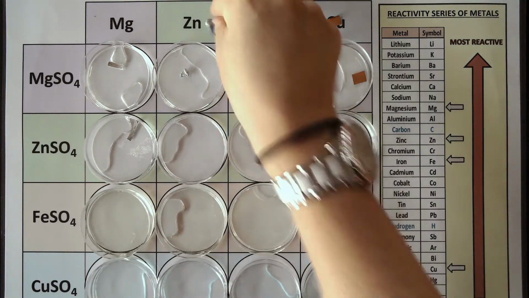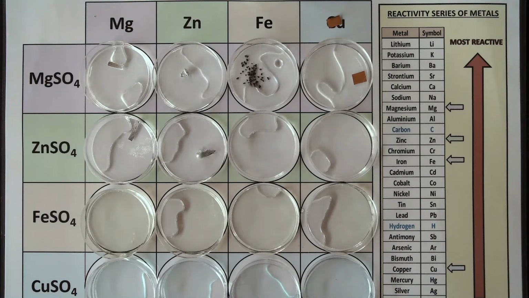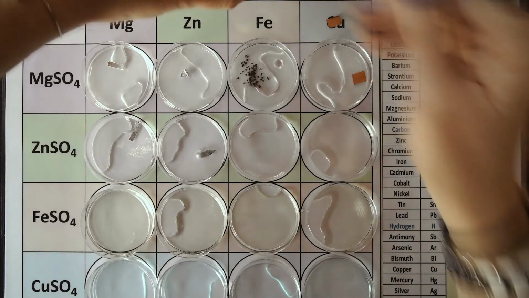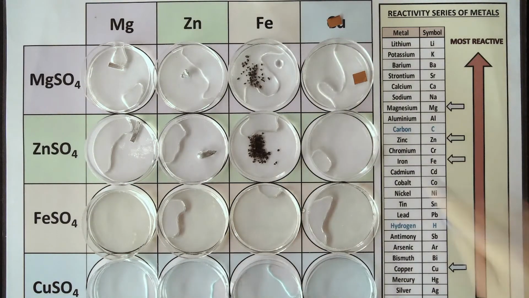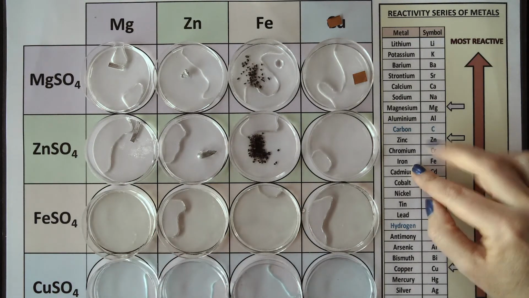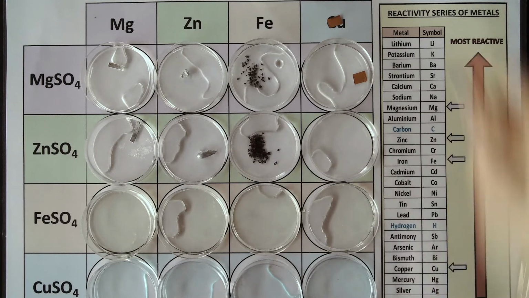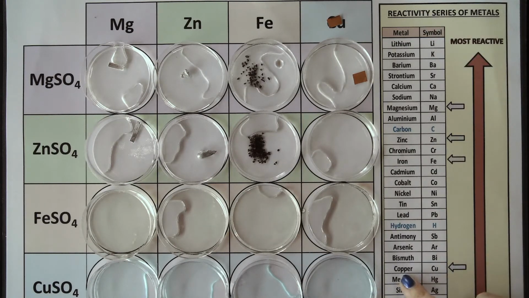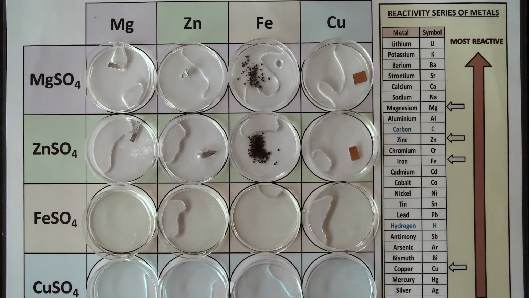Then I'm going to add zinc and zinc sulfate, so it's the same, so we're not expecting anything to happen. I'm going to add a spatula of iron. Iron over here and zinc, so the zinc is more reactive, nothing is happening in the dish, and copper, which is all the way down here, is not more reactive, so there is no evidence of a reaction in the dish.